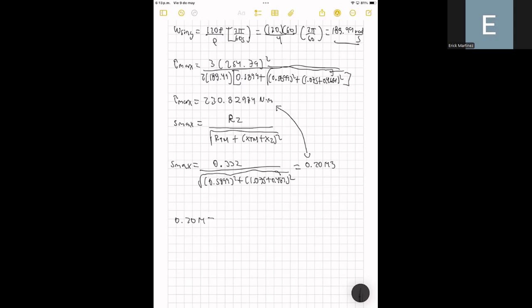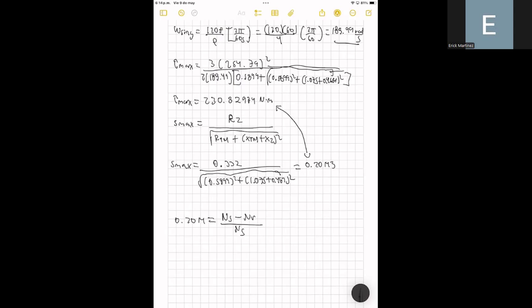And remember that we can compute this slip as the difference between the synchronous and the rotor speed. So this is the synchronous speed minus the rotor speed divided by the synchronous speed. So we know the synchronous speed.